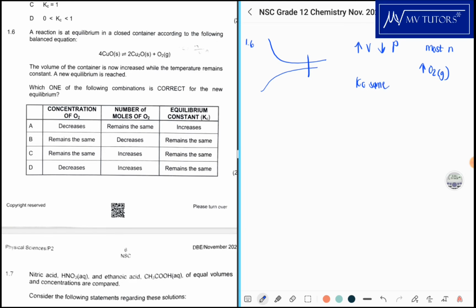All right, now which one of the following combinations is correct for the new equilibrium? All right, so we know that the temperature, the Kc remains the same, right? So we have options B, C, and D. So yeah, volume had an effect, something happened, but a new equilibrium was reached.